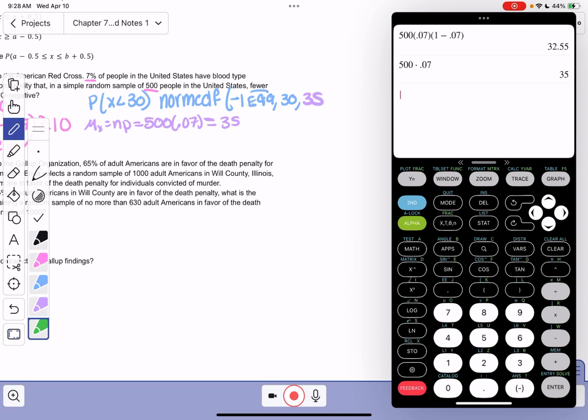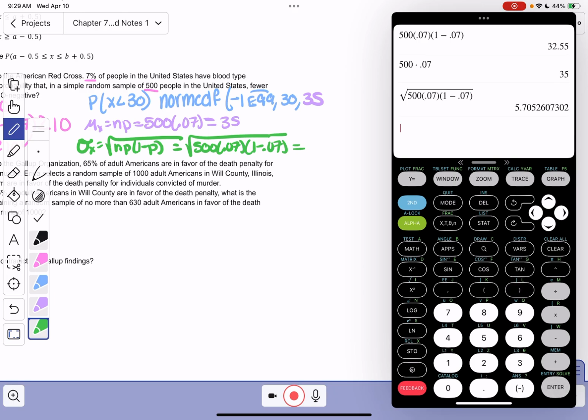And then our standard deviation is the square root of NP times 1 minus P. So it'd be the square root of 500 times 0.07 times 1 minus 0.07, which is 5.7053.